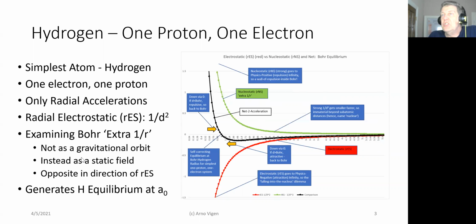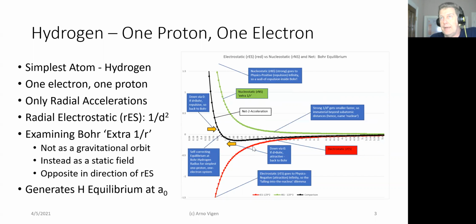As 1 over distance cubed goes towards 0, it will become infinity cubed. But as 1 over distance squared goes to infinity, this will become negative infinity squared. And strangely enough, 1 over distance cubed is infinitely bigger than 1 over distance squared, and you get this wall of repulsion. This is the net.